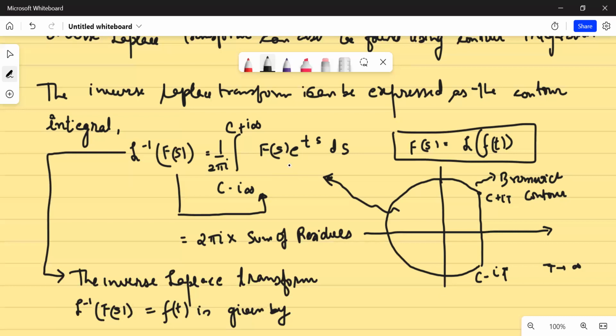So basically what one needs to find is the sum of residues of e to power ts F(s) at the poles of F(s).